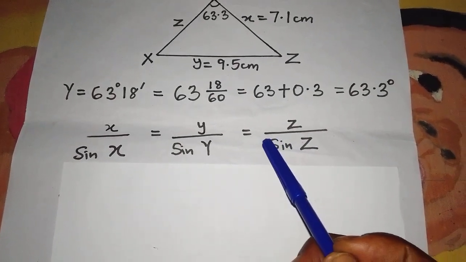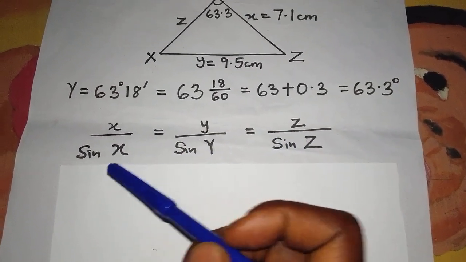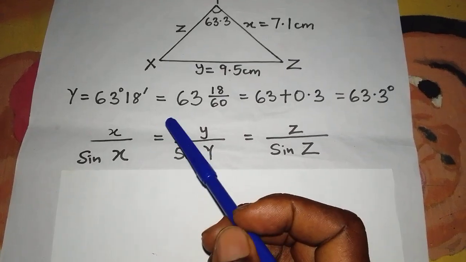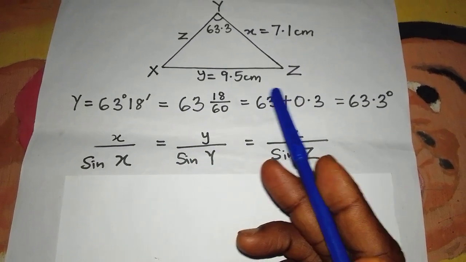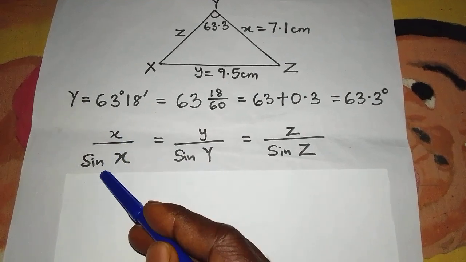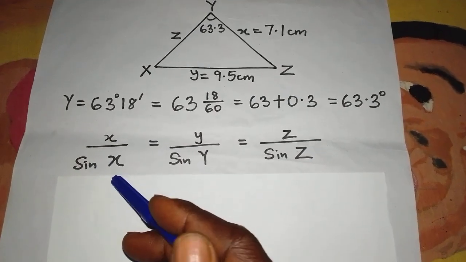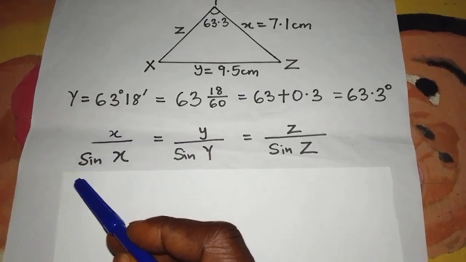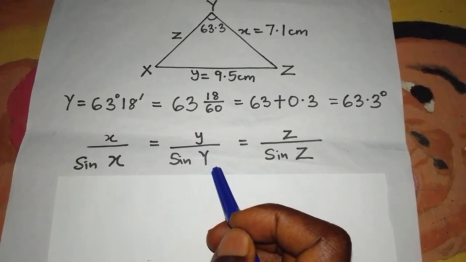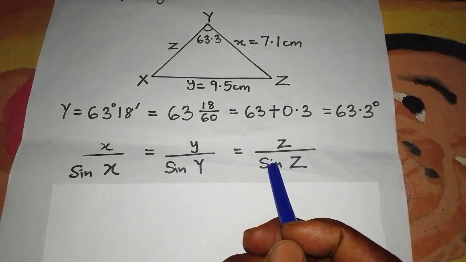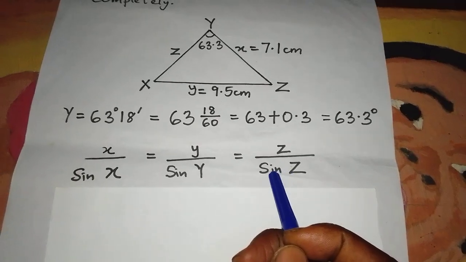You will notice a change in the alphabet here. It's still the same thing. Instead of using ABC, we are using x, y, z, and that is what we use to write the sine ratio. x over sine x equals y over sine y equals z over sine z.